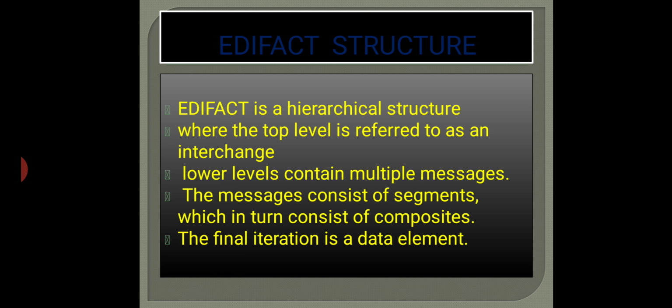It represents a tree-like structure from root downward: we divide from top to bottom, then each part is divided again, and that part is considered top again and divided further. So from the top level we have the interchange, and the lower level is multiple messages.